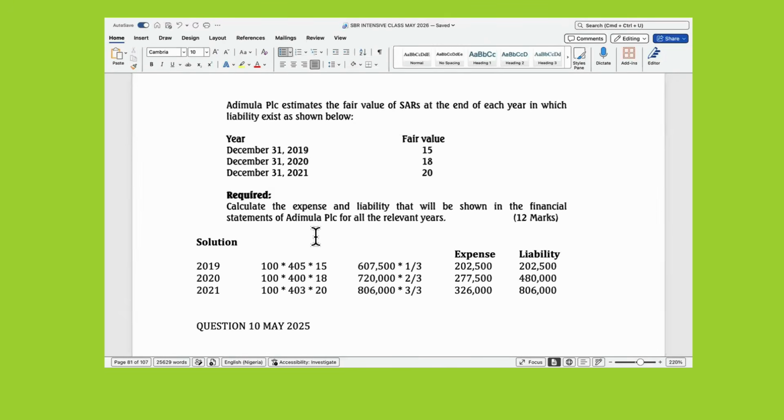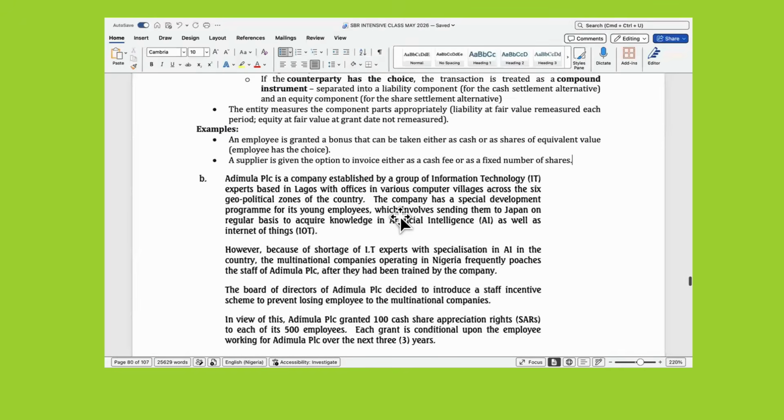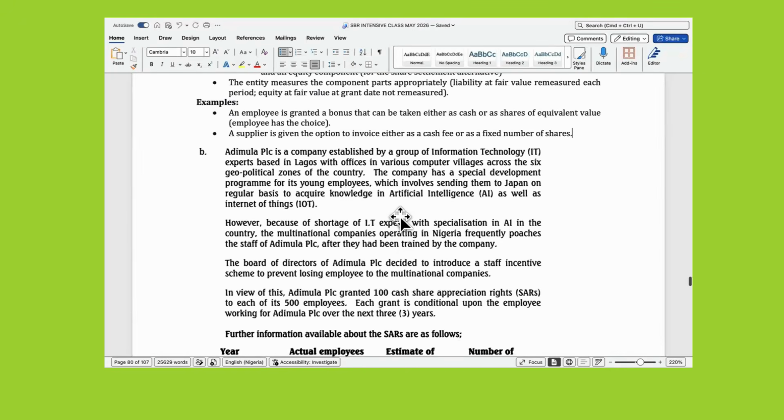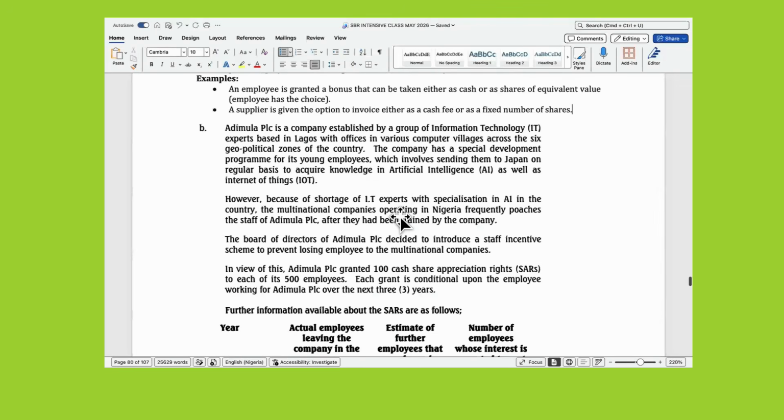So, expense and liability. Now, in this case, it says that Adimula PLC is a company established by a group of IT experts based in Lagos with offices in various computer villages across the 6 geopolitical zones in the country.